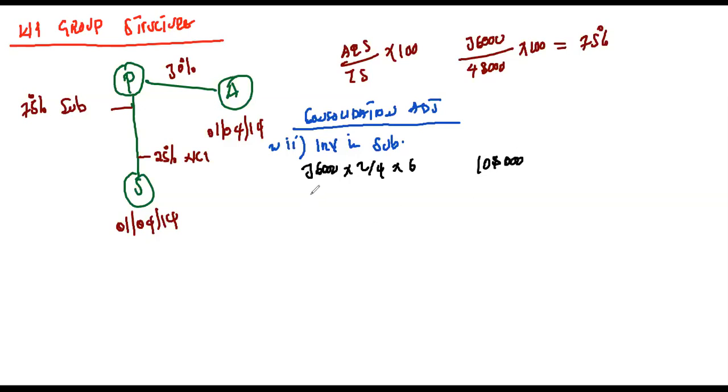And then there was an addition, a cash payment of the same 36,000 shares at 1.25 kwacha per share, which gave us 45,000. So the total consideration was 153,000.